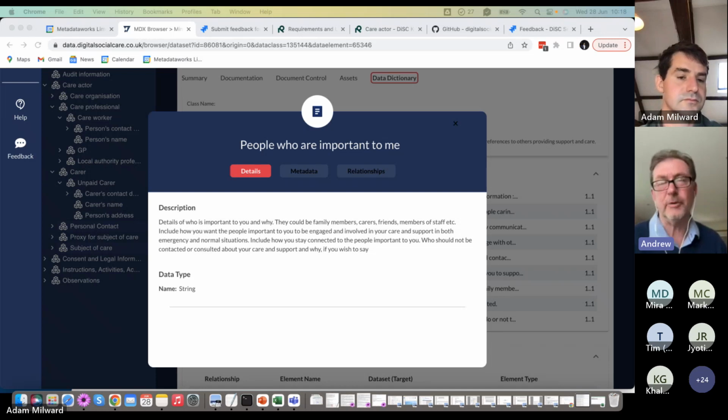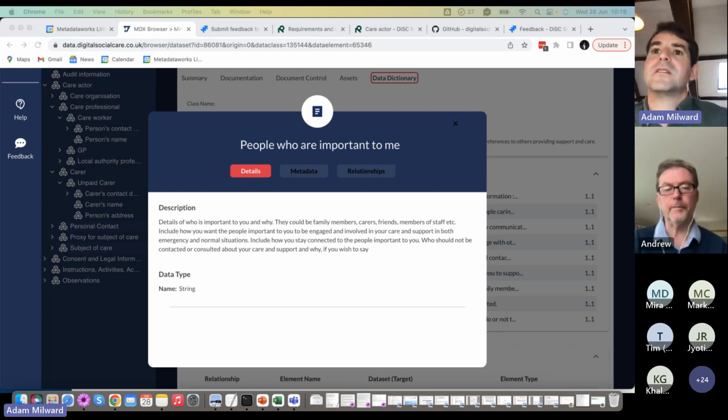But if the relationship is there and the business need is there to show that, it might be a question of cross-referencing the About Me with the contact details, and then prioritizing that in the way that the software is implemented or surfaced to the user about that person. It's a really important point you raise, and we have discussed it in detail, but we'll have to take that one back, I think, Adam, as well. 100%. Yeah, we'll definitely log it and think about the best way of doing it.